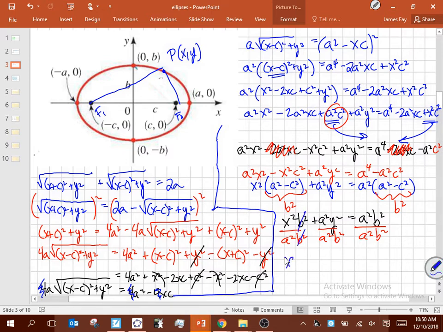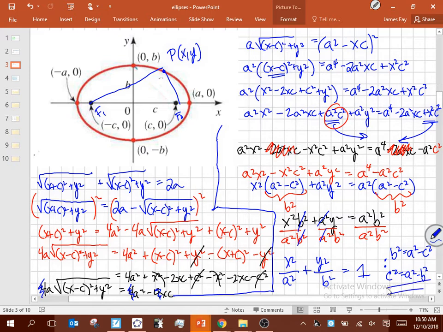So it gives me x squared over a squared plus, now here the a squareds cancel out, so I have y squared over b squared is equal to 1. And the idea then is that b squared is equal to a squared minus c squared. And if I just do a little bit of manipulation here, add the c squared to both sides and subtract b squared from both sides, we actually get that c squared is equal to a squared minus b squared.